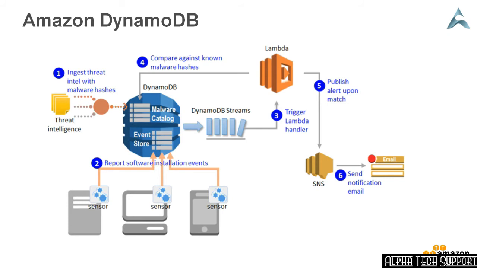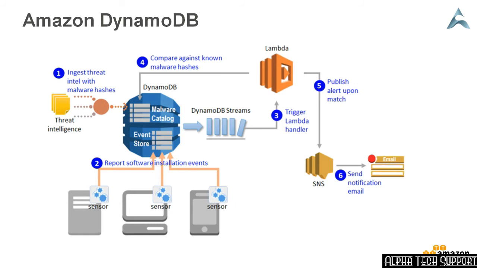Then DynamoDB creates a stream of data that triggers Lambda, where your serverless scripts for your applications, like push notifications and other things, are stored.